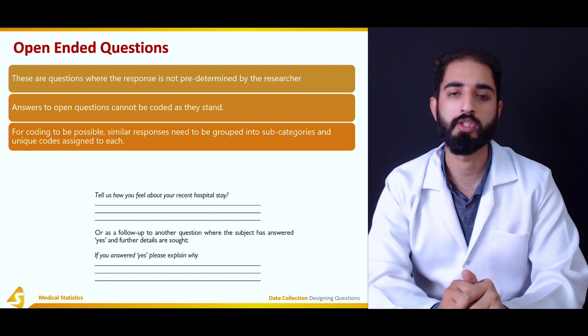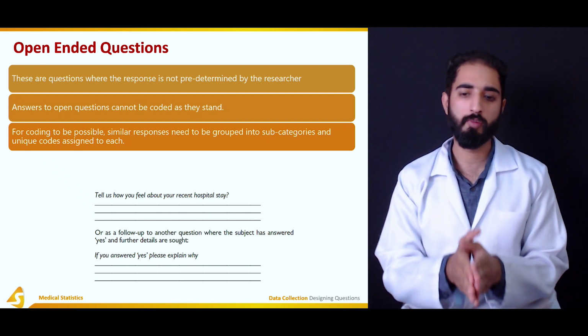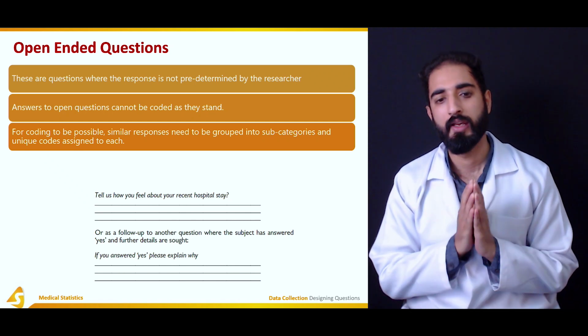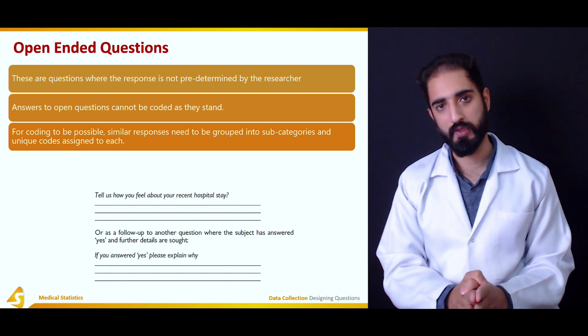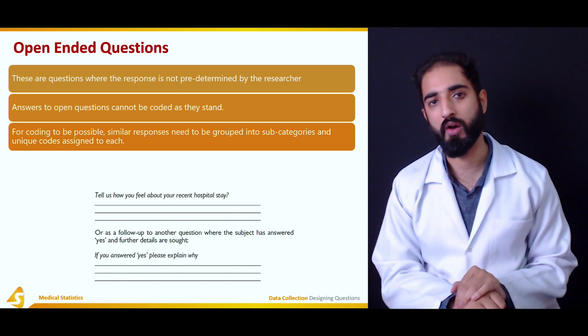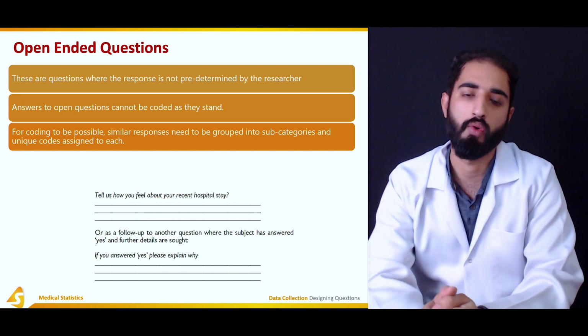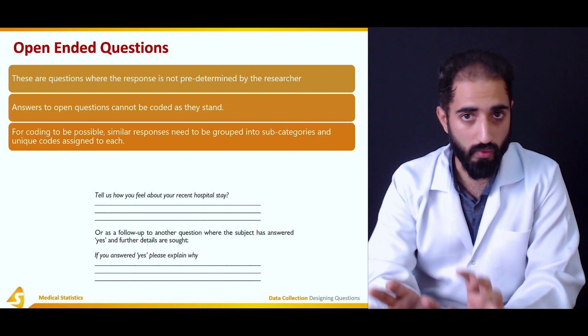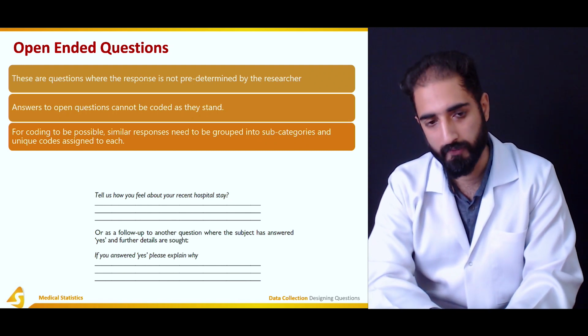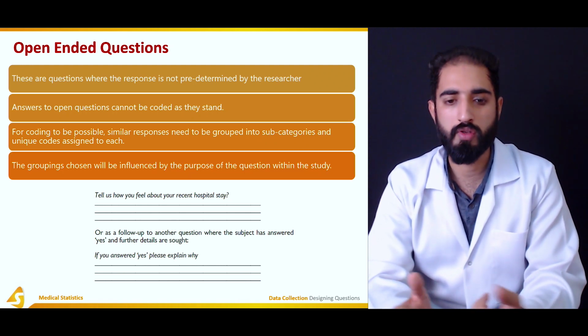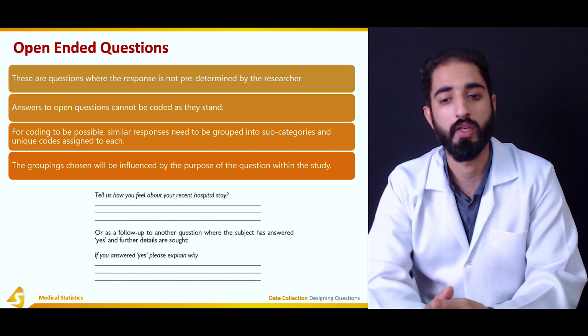For coding to be possible, similar responses need to be grouped in some categories, and unique codes are assigned to each category, and they are done after the collection of the data, in opposition to the closed-ended question in which you decide the codes before collecting the data. The groupings chosen will be influenced by the purpose of the question within the study.